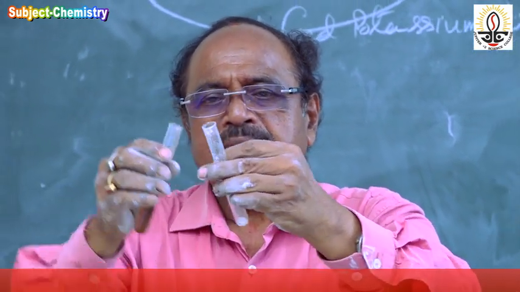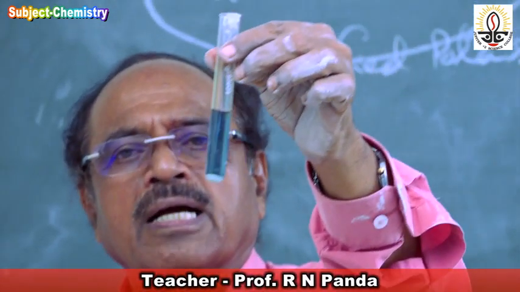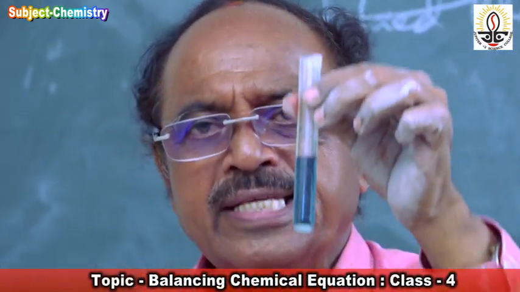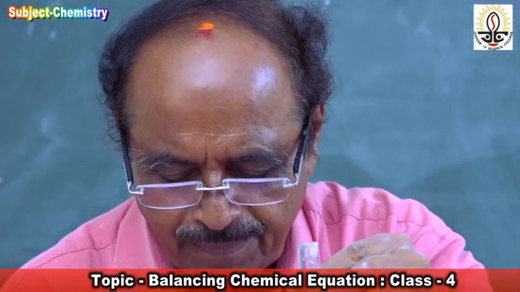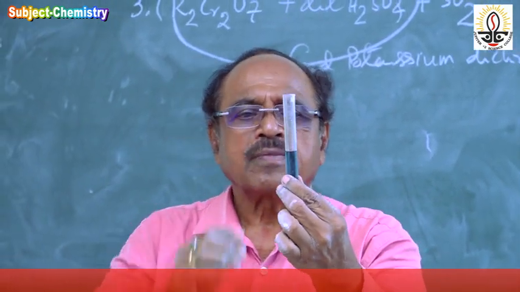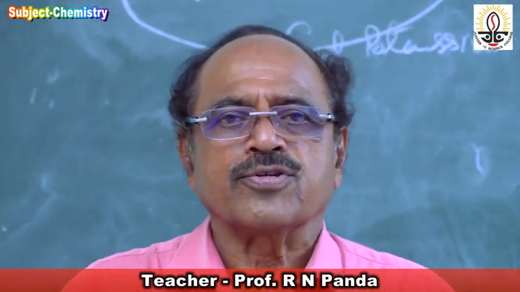I have taken the orange yellow potassium dichromate, added sulfur dioxide to it, and it formed a green color solution.